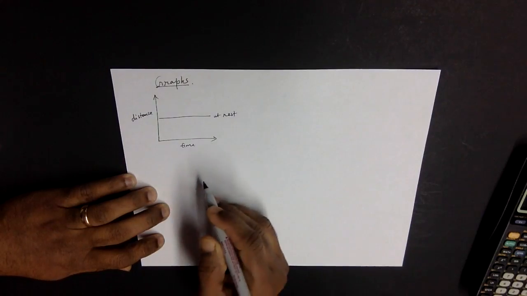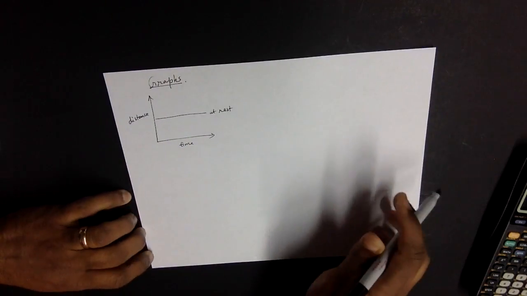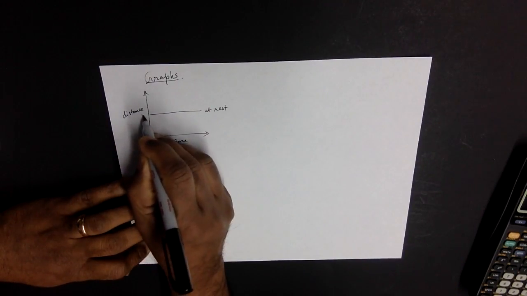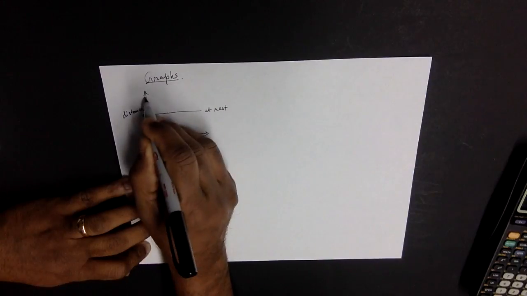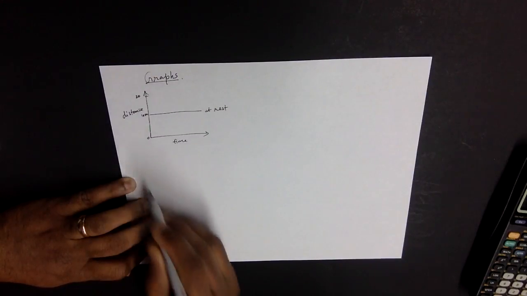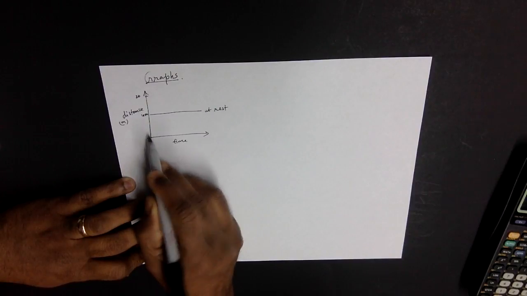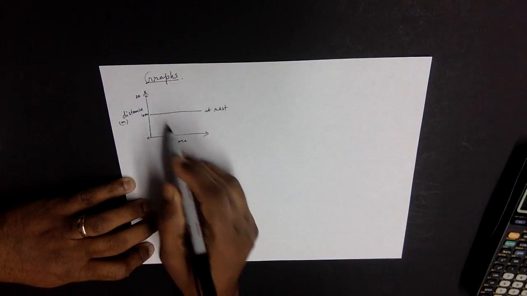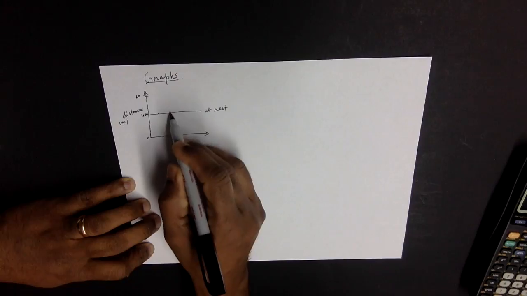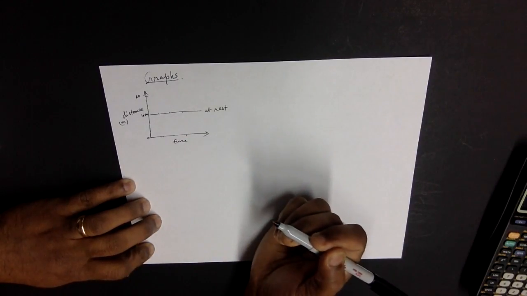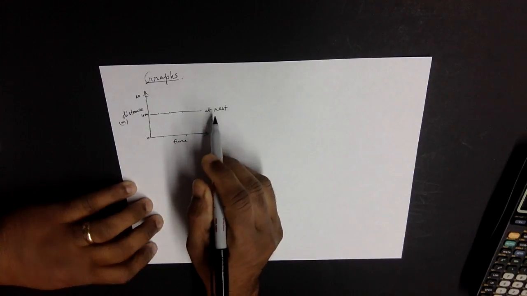You're not moving, because let's say this is 0 meters, that is 10 meters, and that is 20 meters. This means that at 0 time you're at 10 meters, at 1 second you're at 10 meters, at 2 seconds you're at 10 meters, at 3 seconds you're at 10 meters, which means you're not moving from that location. So this means at rest.